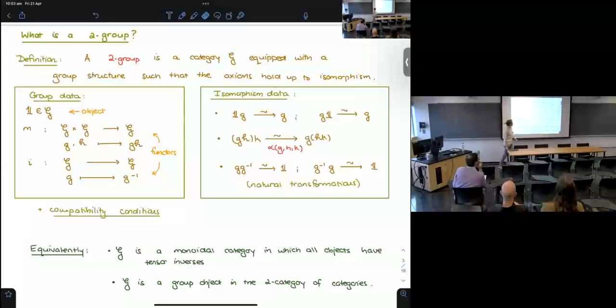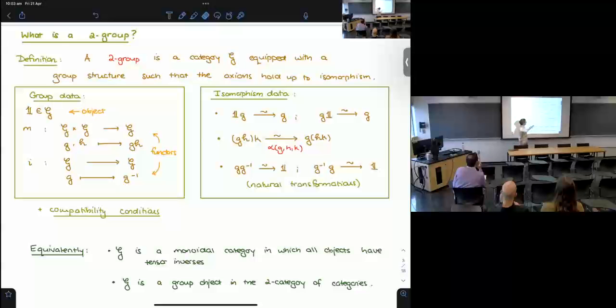For example, multiplying 1 and G should just give me G. It should be isomorphic to G on both sides. If I multiply G and H and then K, it should be the same as multiplying G with the product of H and K. And then the same thing about inverses.